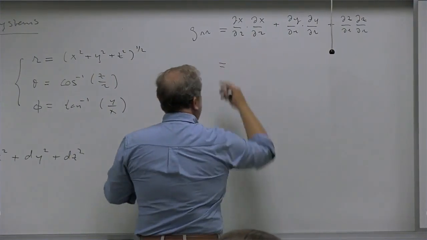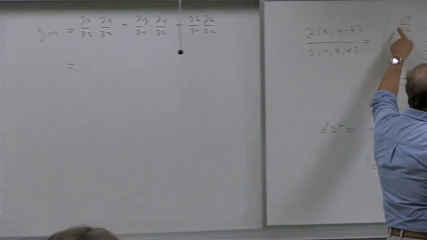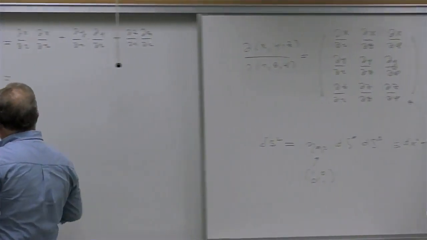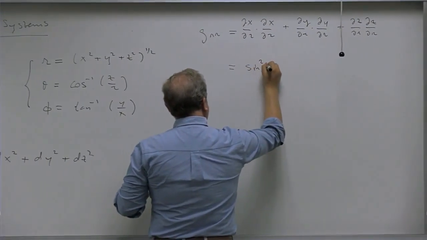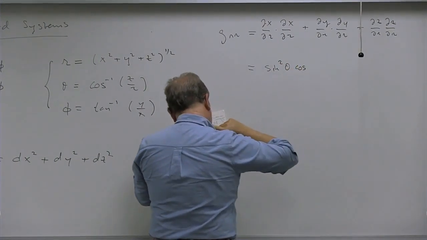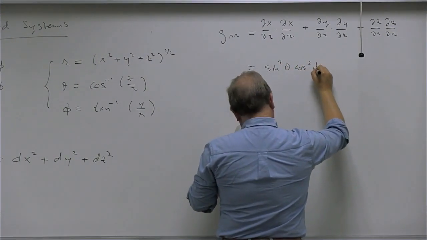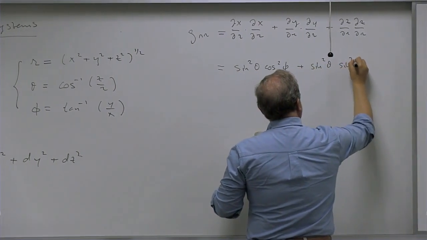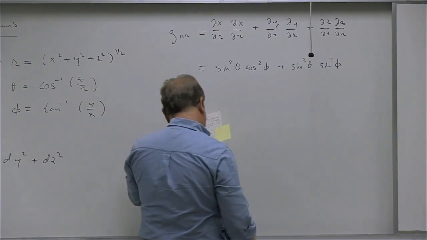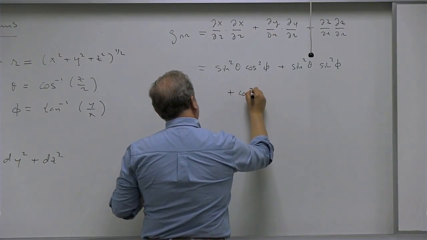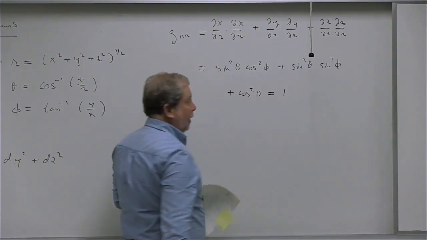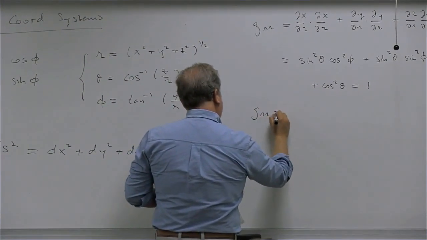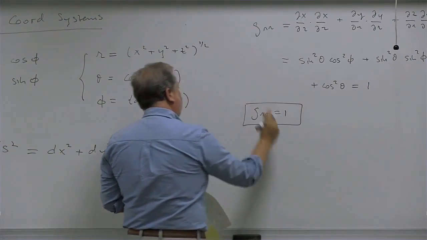So now we look this up. dx by dr is this entry here, so we need to square it. It is equal to sine squared theta cos squared phi plus sine squared theta sine squared phi plus cos squared theta, and so that all adds up to 1. We've done all this work to determine that, in fact, G_rr is equal to 1.